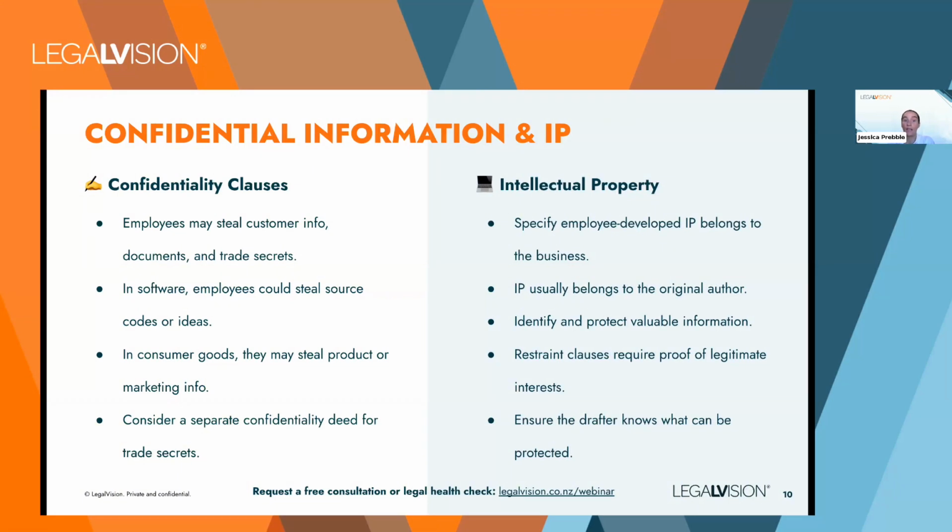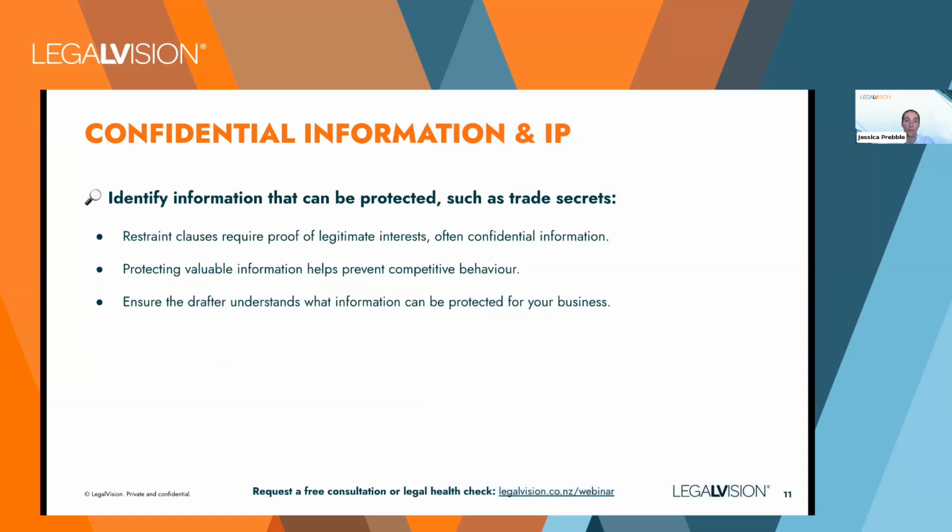It's important to have a clause clearly stating that any IP developed by your employees during their employment belongs to you. This is because, by default, intellectual property belongs to the original author. The starting point is to identify the information that can be protected. Now, when you try to enforce restraint clauses, you have to prove that there is a legitimate interest that needs protection.